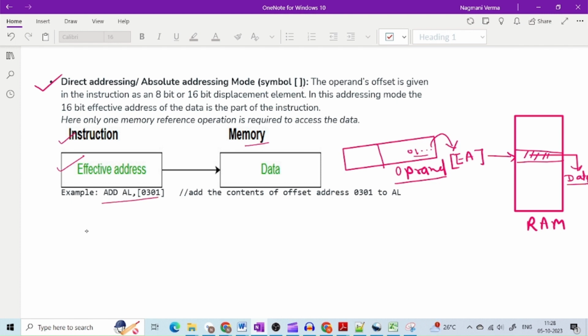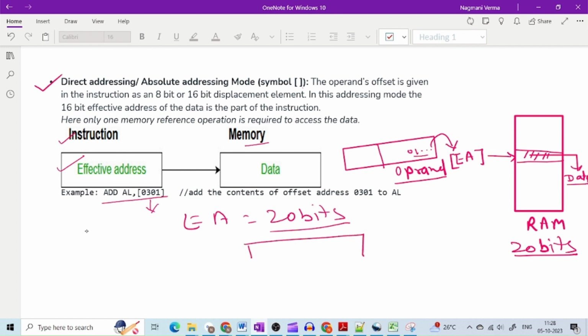You see this one. But what is the problem? The problem is here, if it's 20 bits, then the effective address will be 20 bits. The instruction will become very lengthy. If for example two addresses we are giving, source and destination, you know there are different types of instructions where 1, 2 or 3 operands are possible.